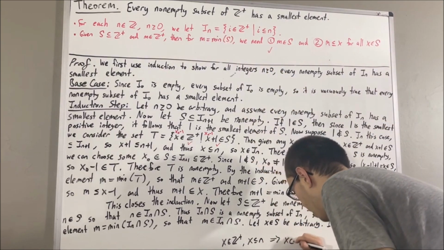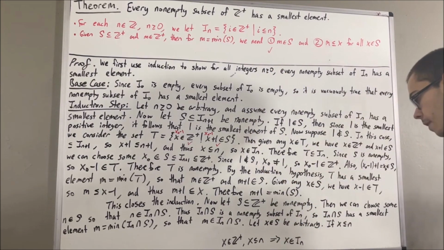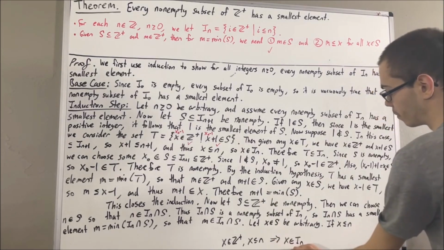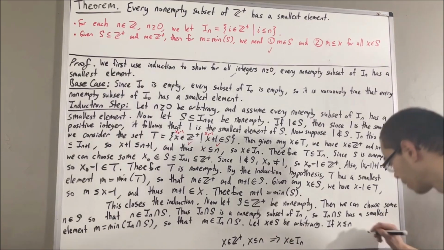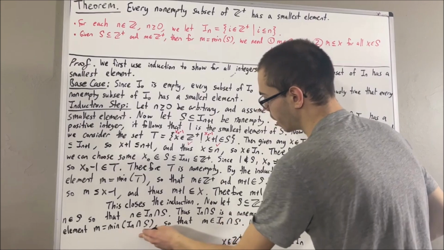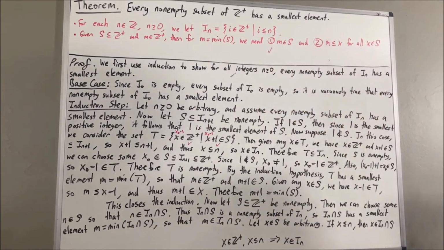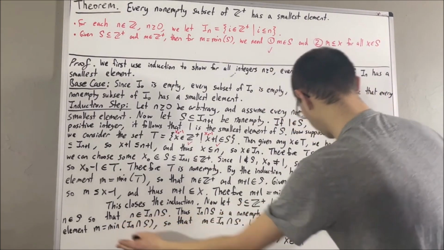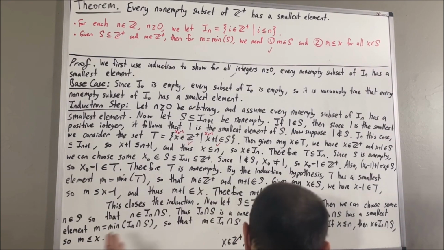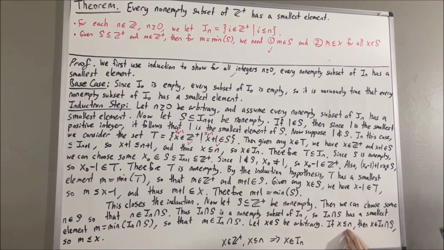So X is an element of I_N, and X is an element of S. Therefore, X belongs to the intersection of I_N and S. But since M is the smallest element of the intersection of I_N and S, it follows that X is greater than or equal to M. So that's it. This completes the case X is less than or equal to N.